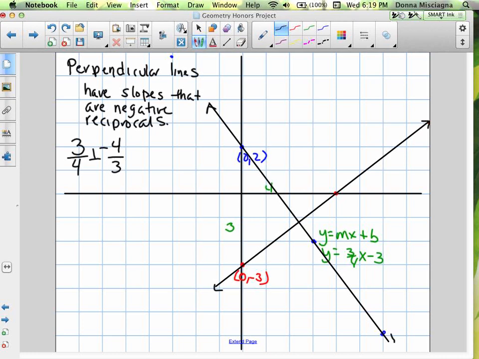So we have a slope of -4/3. It goes down 4 to the right 3. And so that would be the equation y equals -4/3 x plus 2, because my y-intercept is 2.